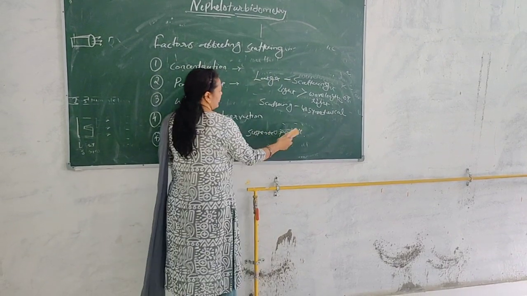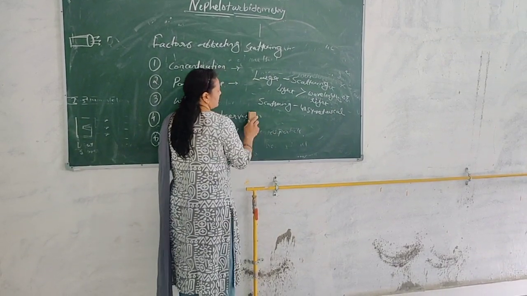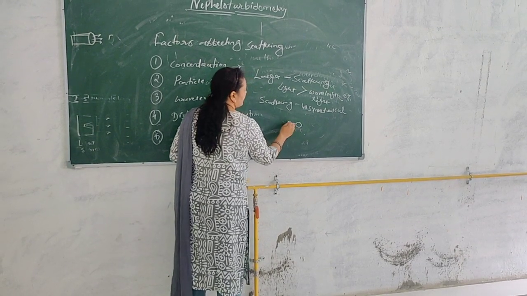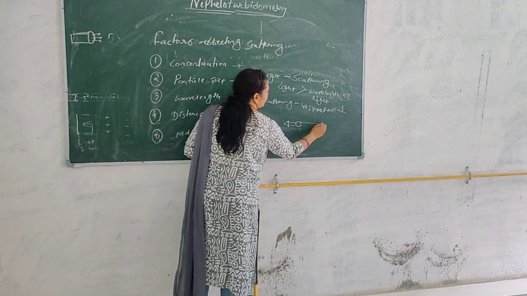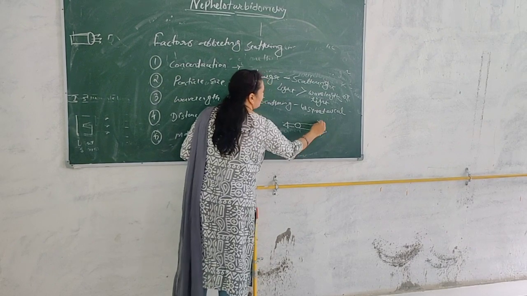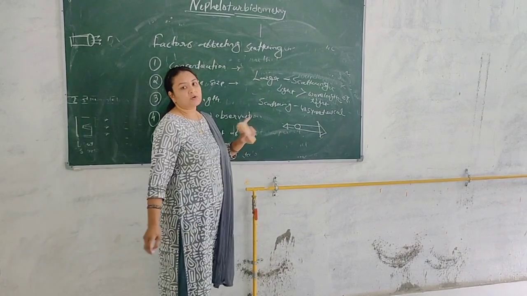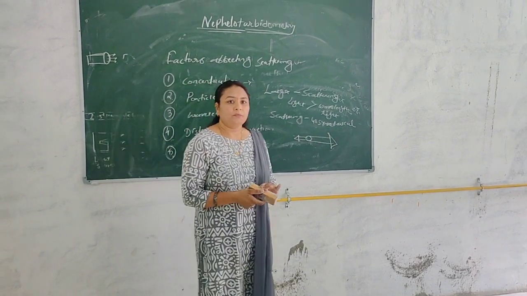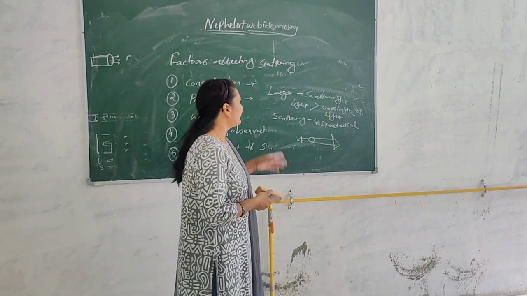Again the scattering occurs in one direction. So this is about particle size. Particle size affects the scattering in this way.